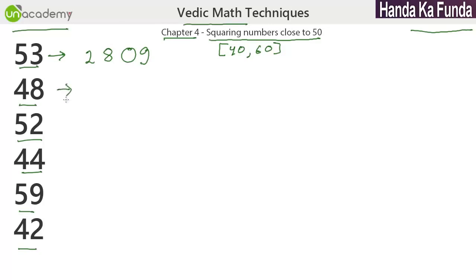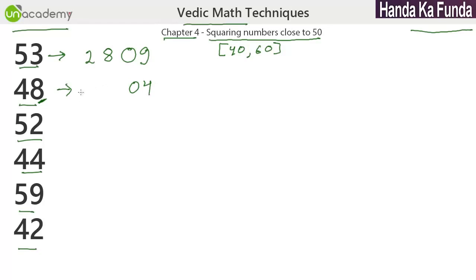What will happen in case of 48? What is the distance? The distance is not 8. Please note, I am not saying the last digit, I am saying the distance from 50. So what is the distance from 50? That is minus 2, which makes the last two digits the square of minus 2 or 04, and the first two digits 25 plus the distance.